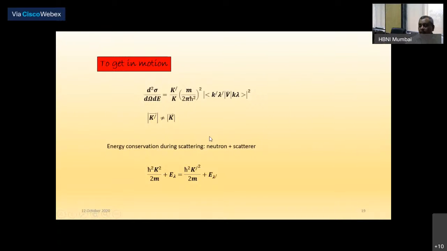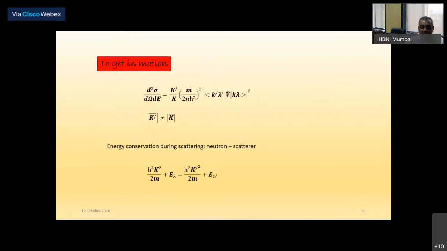I am going away from simple scattering where energy is not transferred. So the magnitude of k prime is not the same as the magnitude of k. There has been an energy transfer between the neutron and the medium. So when I do that, I need to conserve energy.